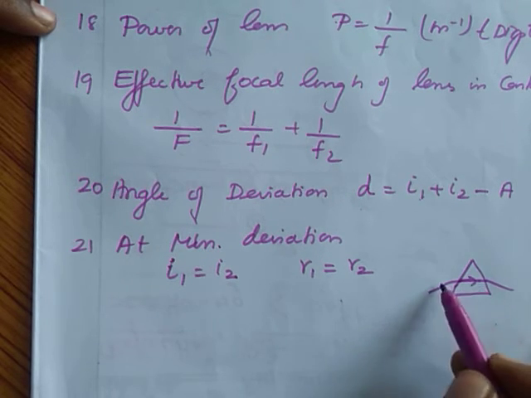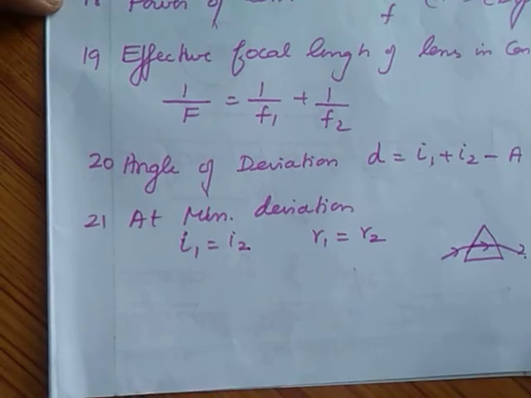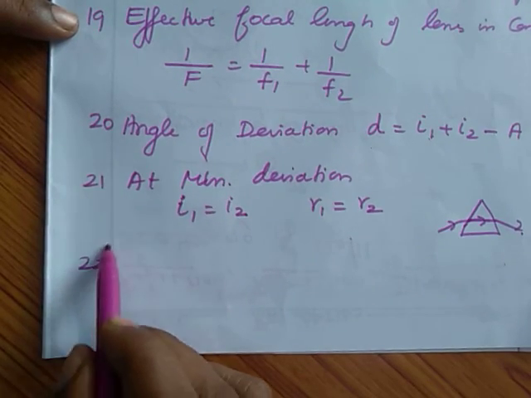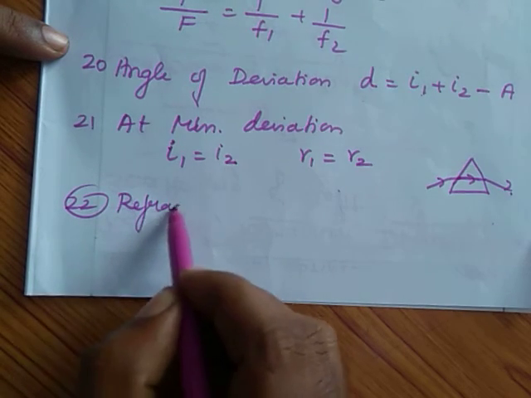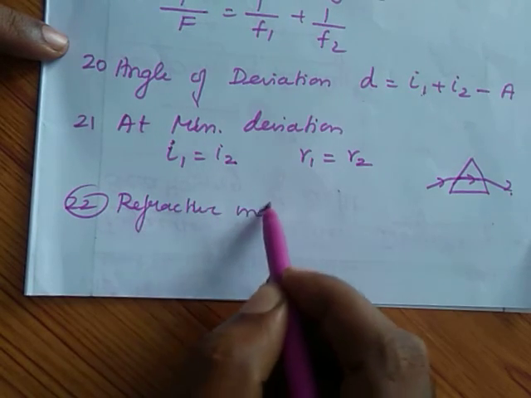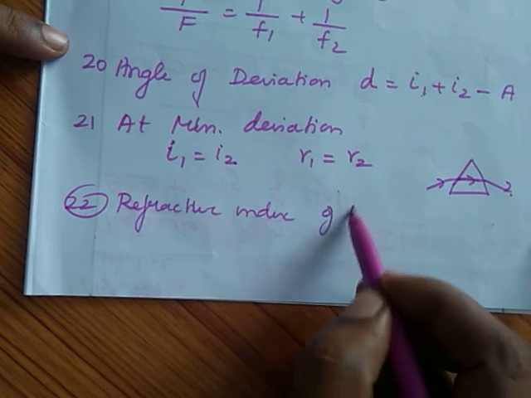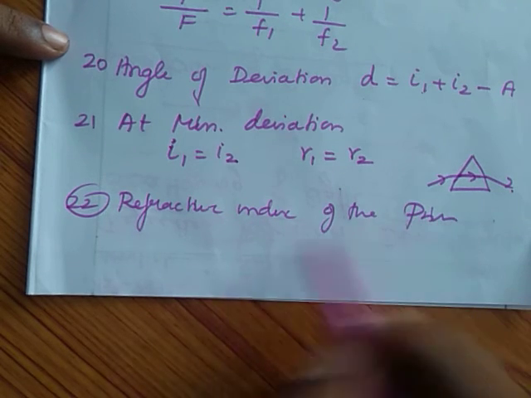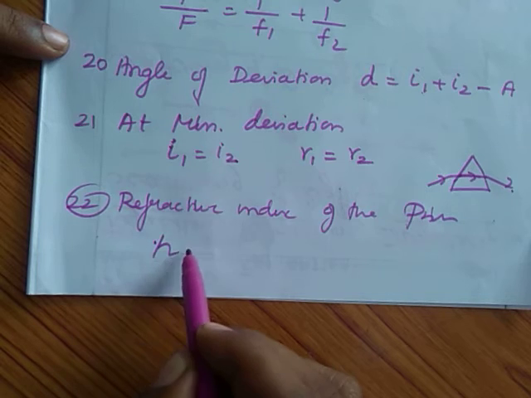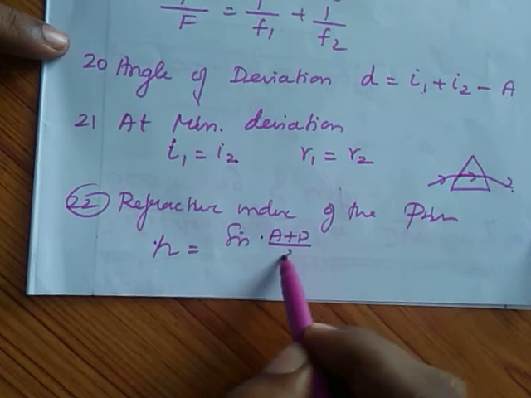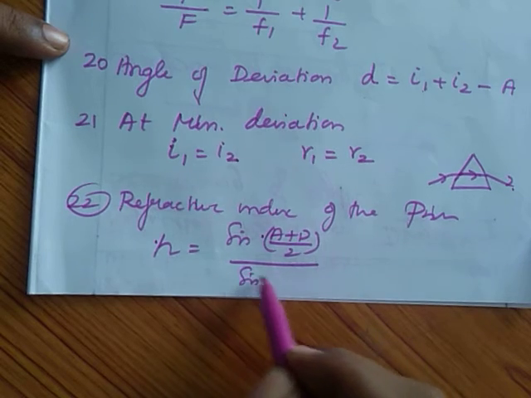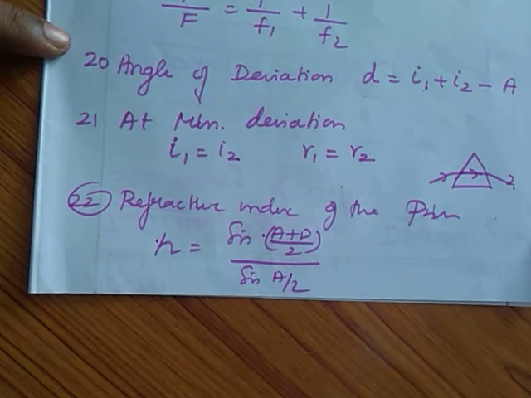Okay, the next, the refractive index of the prism, indicated as n. n is equal to sin((A plus D) by 2) by sin(A by 2).